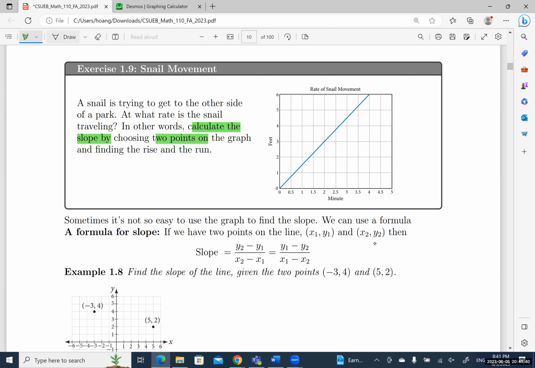So you can choose any point on here and find the rise and run. Make sure to include the unit, feet over minute, right? Okay, so I'm gonna leave this for you to go on with. And now we're gonna move to a formula for the slope. I'm gonna use the other color actually.